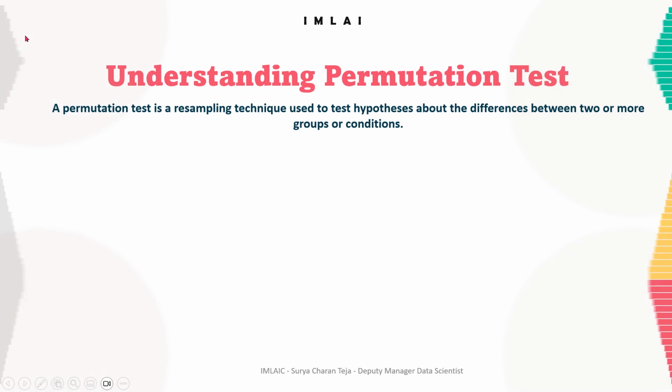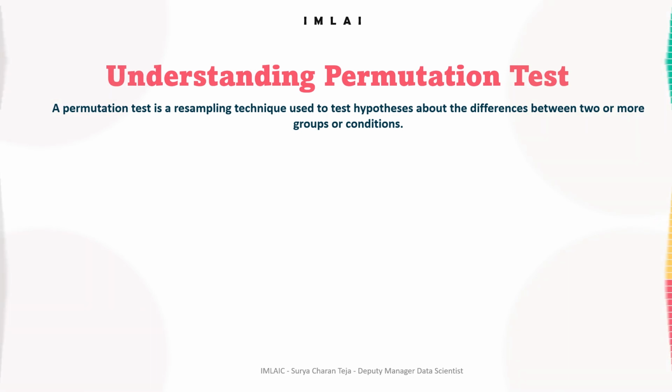So as we all know, permutation test is a resampling technique used to test hypotheses about the differences between two or more groups or conditions. Again, I'm repeating.